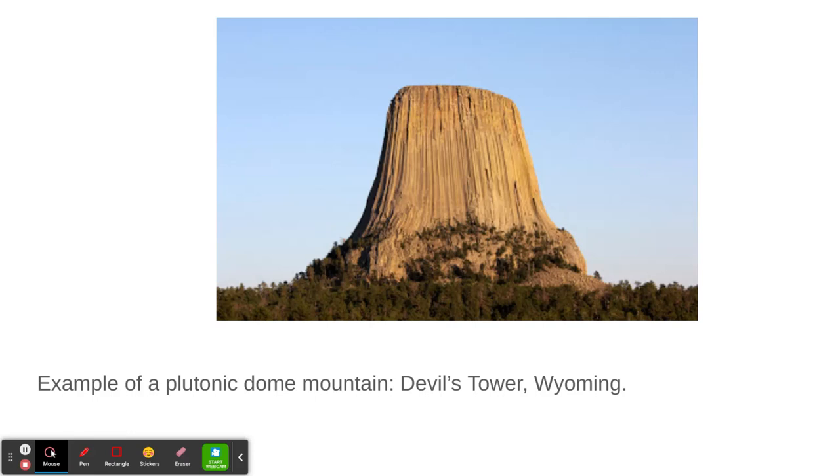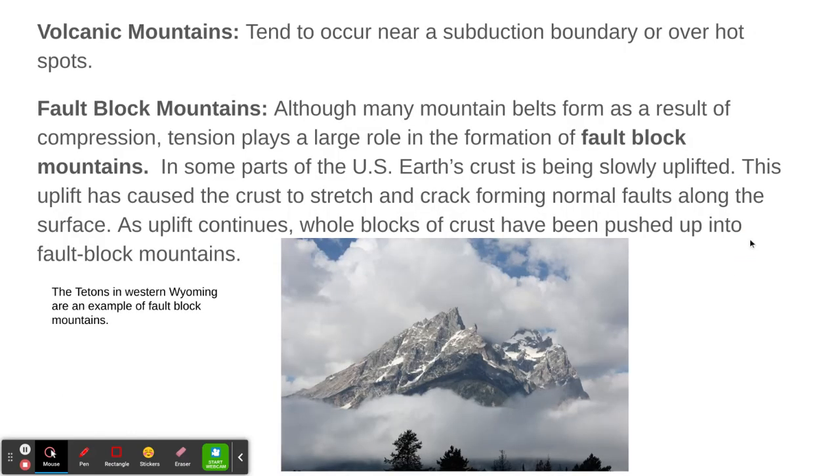It seems to be just in the middle of the flat prairies. And then you've got this plutonic dome sticking out of the prairies. It's crazy. And it's all made of granite. So you see this granite tower sticking out of the prairies. Okay, so those are other examples of types of mountains.